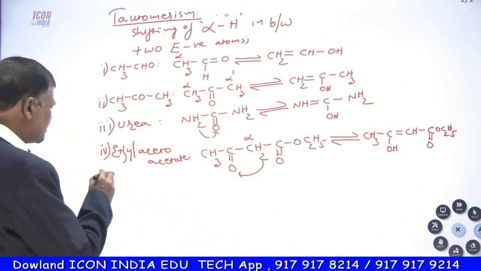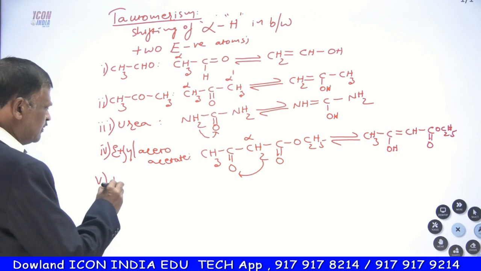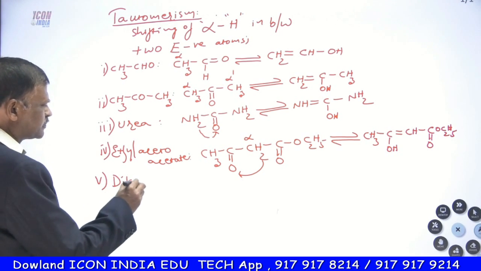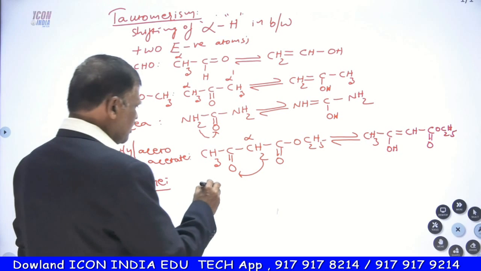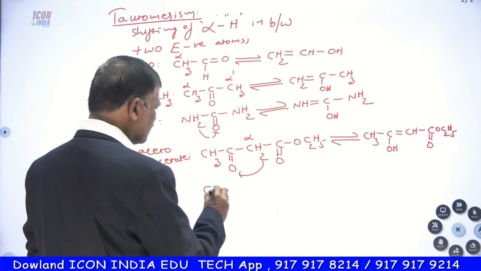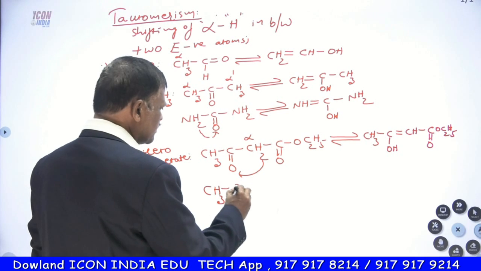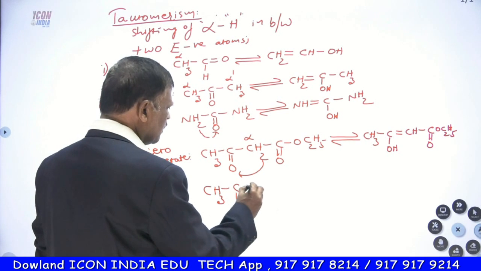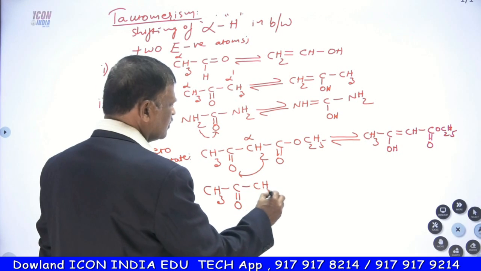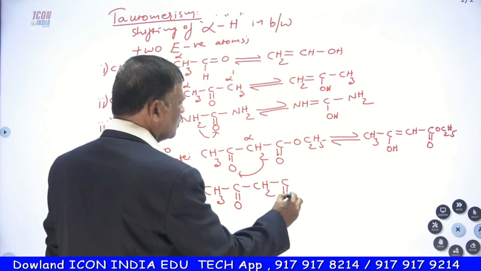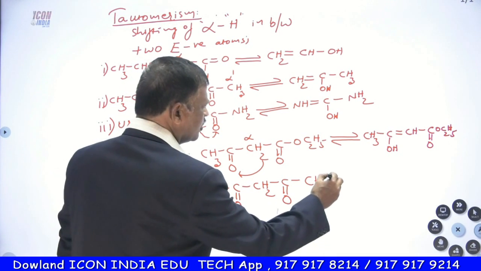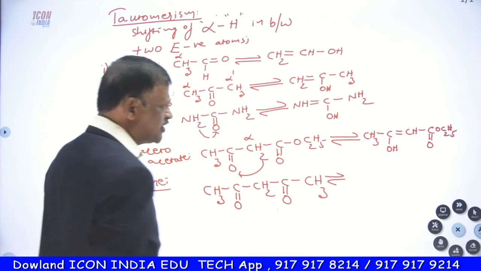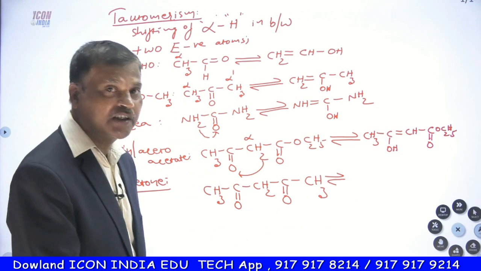If you want, you take this example, that will be more clear. Diketone, CH3-C=O-CH2-C=O-CH3. See this diketone, you can easily understand which is the more acidic or more active hydrogen.